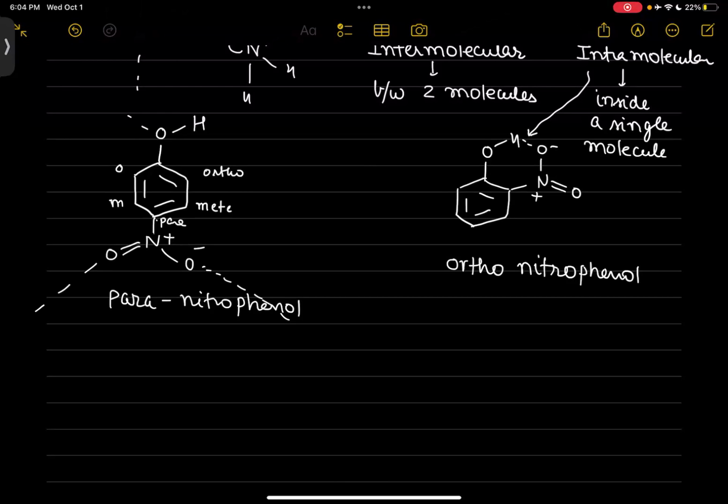Is it clear? It is from a different molecule. So this is a new molecule, plus minus. So this is between different molecules. So this is known as intermolecular hydrogen bonding.